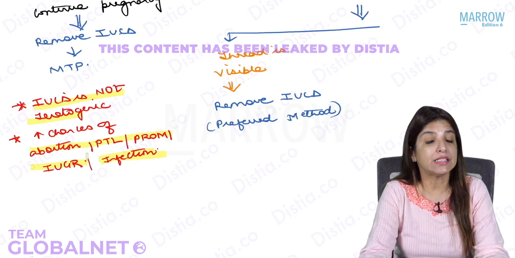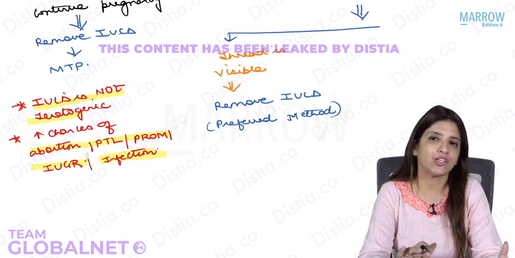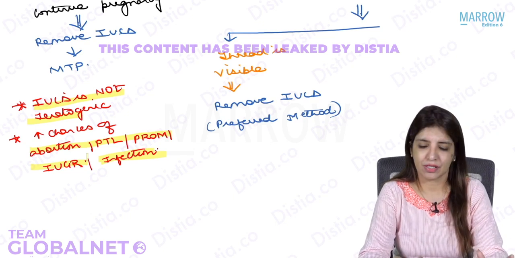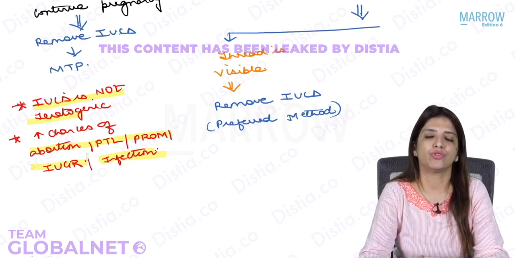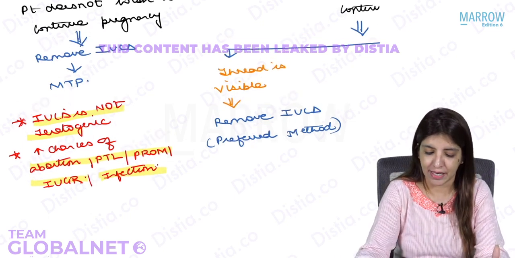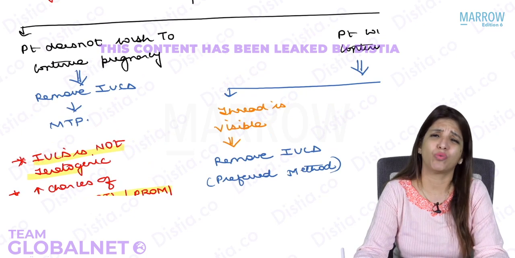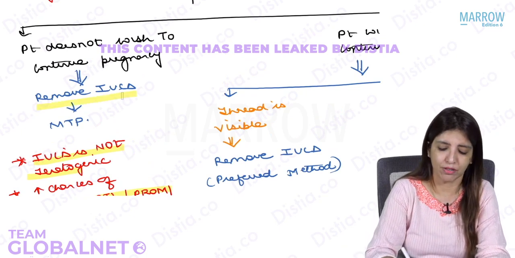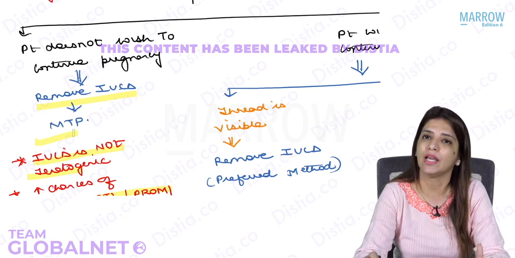This is if the IUCD is in place and she's continuing the pregnancy. First, let us take up the case scenario where the patient says, no, I do not wish to conceive, I don't wish to continue the pregnancy. In that case, it's okay. Remove the IUCD and proceed with the MTP.